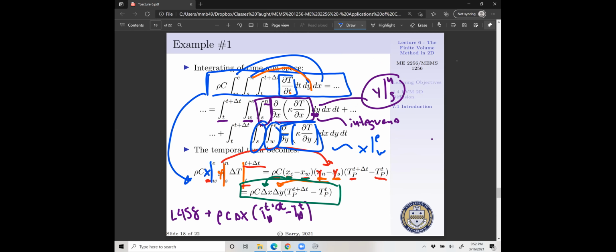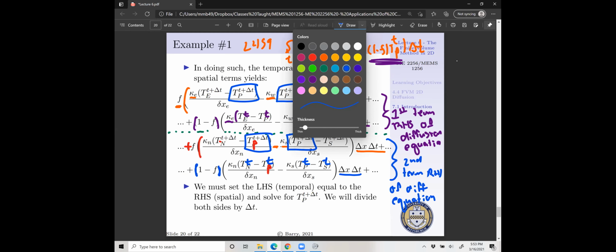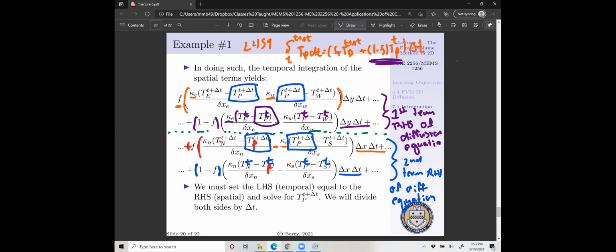Now you also have TP of t, i.e. from your previous iteration level, multiplied by rho c delta x delta y divided by delta t. And we have a few of these guys hanging out as well. Here, here, here, and here.